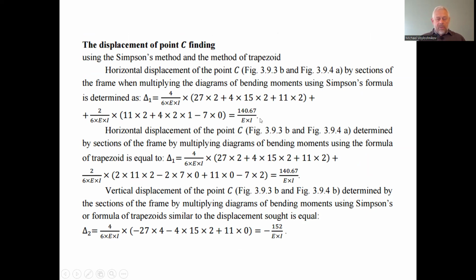If we use the international system of units, displacement can be found, for example, in meters. This is the megapascal dimension of the modulus of elasticity in accordance with the international system of units.